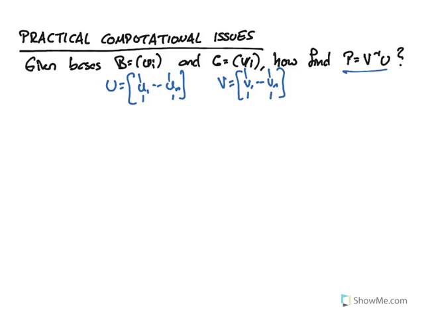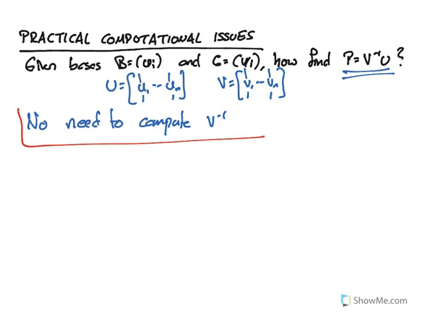Then how do you compute V inverse times U? And just as before, you don't really need to compute V inverse. So the main point on this slide is no need to compute V inverse. If the matrices are of size 2 by 2, you might as well, because it's so easy, but if they get bigger, there's a shortcut.